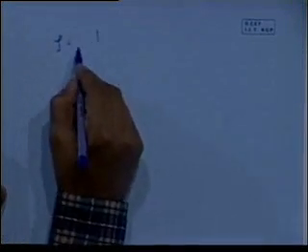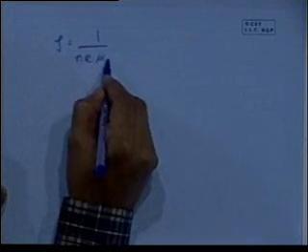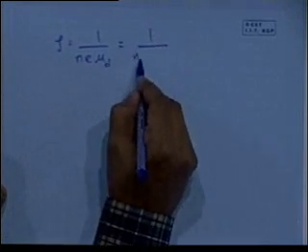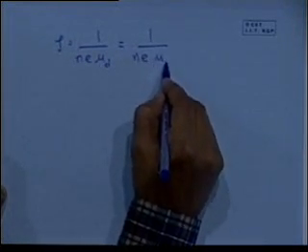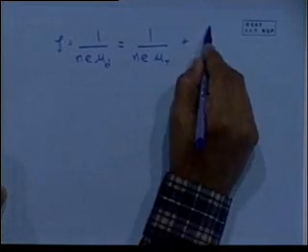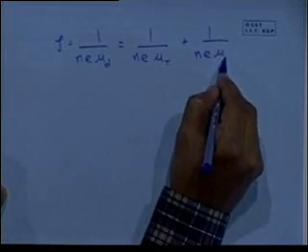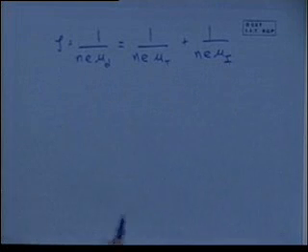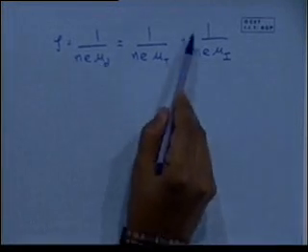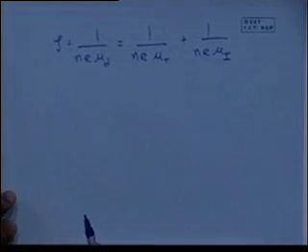My rho term, making the substitutions then, is equal to 1 by Ne mu t plus 1 by Ne mu I. Okay? I just simply substituted where I have 1 by mu, and we get this equation.